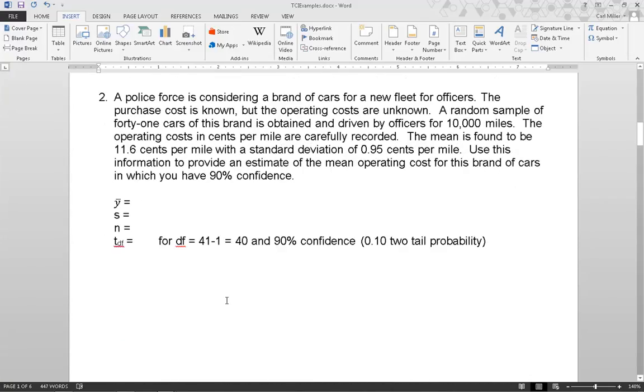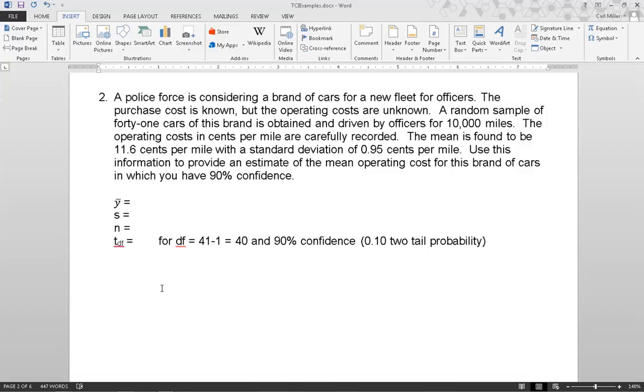Now look at example 2. A police force is considering a brand of cars for a new fleet for officers. The purchase cost is known, but the operating costs are unknown. A random sample of 41 cars of this brand is obtained and driven by officers for 10,000 miles. The operating cost in cents per mile are carefully recorded.